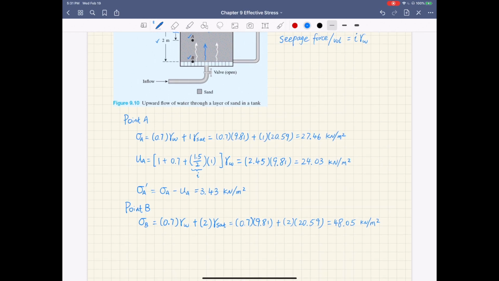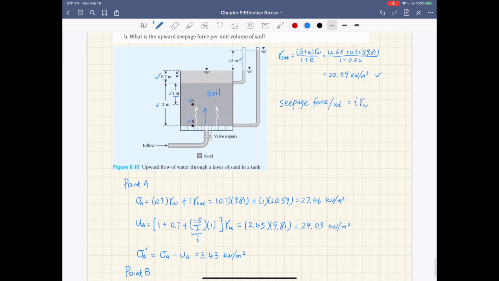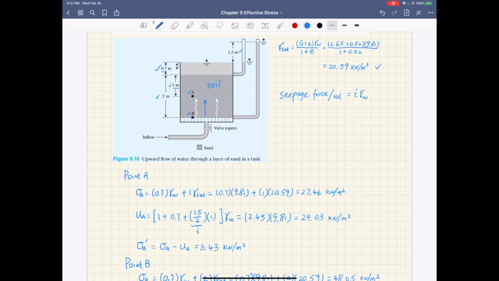The pore pressure at B, so U B. From this figure, you can see there is a standpipe at point B. So the height here is the height of the water inside that standpipe. So it's 2 plus 0.7 plus 1.5.